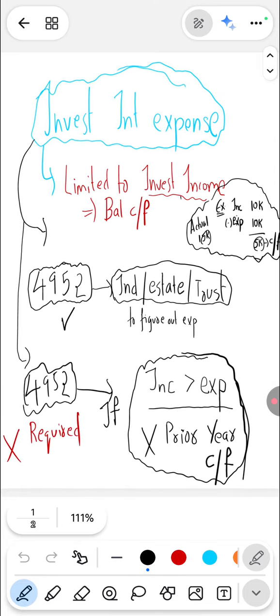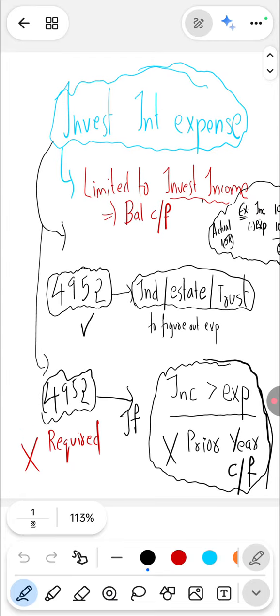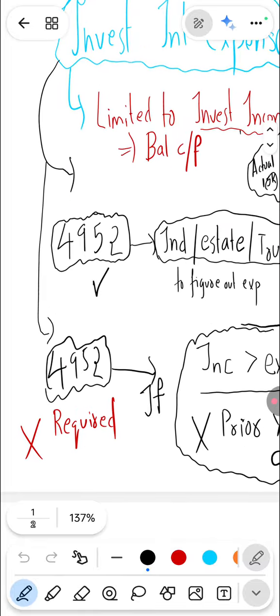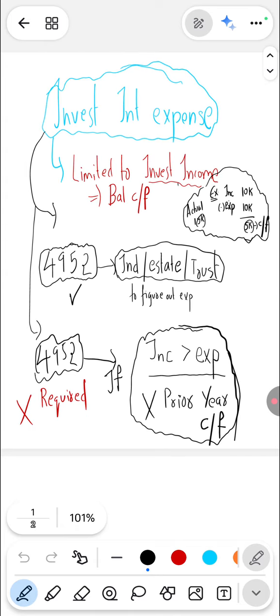Okay. And in case of individuals, estates and trusts, these three are required to file Form 4952 to figure out the investment interest expense calculations. This Form 4952 is not required where the income is greater than the expenses and where there is no prior year carry forward.